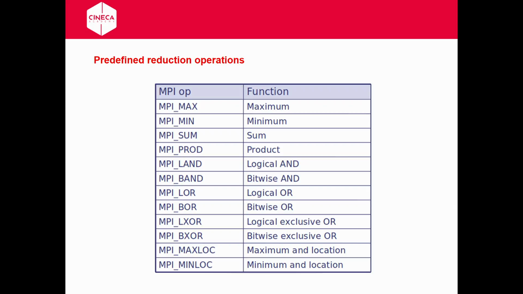Clearly, I can also perform a lot of other operations. For example, I can do the minimum value, the sum of the variable that is contained in the array, the product, and also a lot of logical operations.